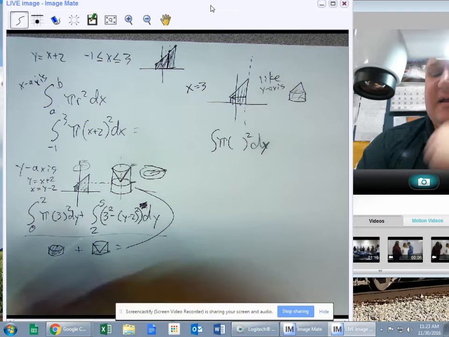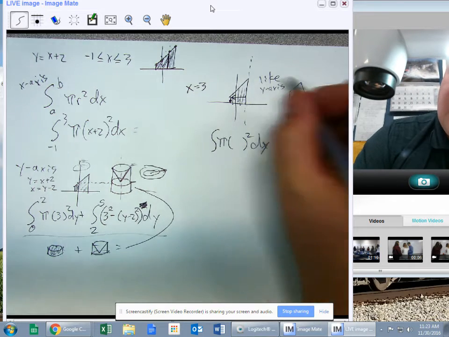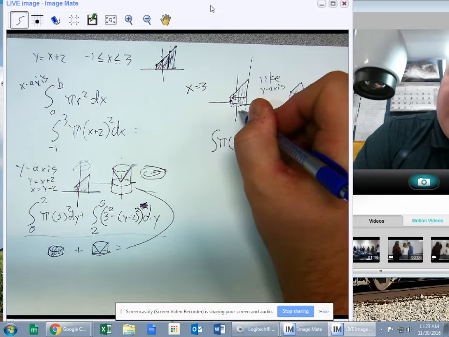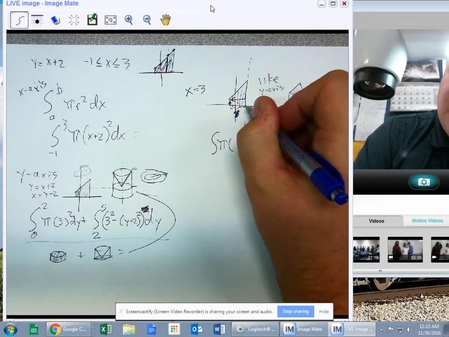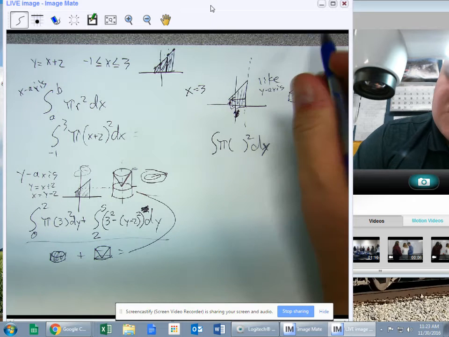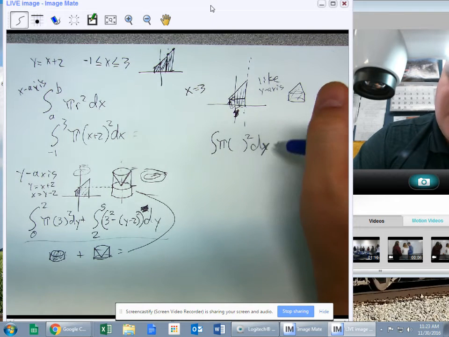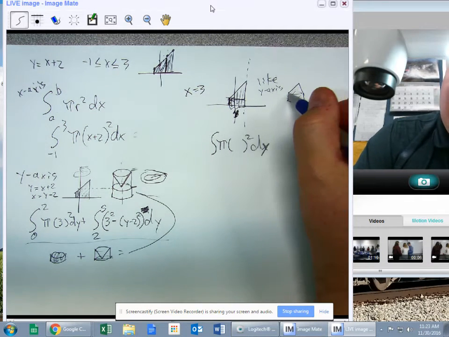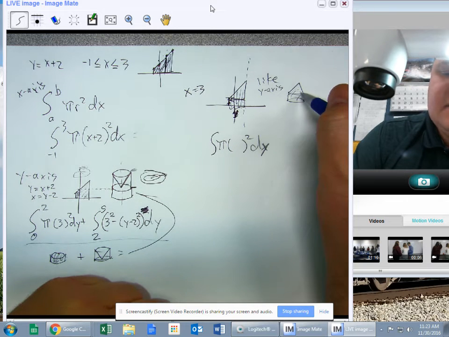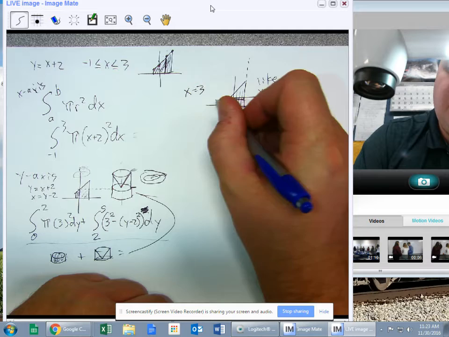Now, what's my radius? Well, if I start down here at the bottom, the total radius is going to be 5. Nope, I'm sorry, 4, because it goes all the way from 3 back to -1. So how do I get this value down here at the bottom? Well, the radius stops here. So even though I have a cylindrical shell, it's a disk method, I actually have two parts.